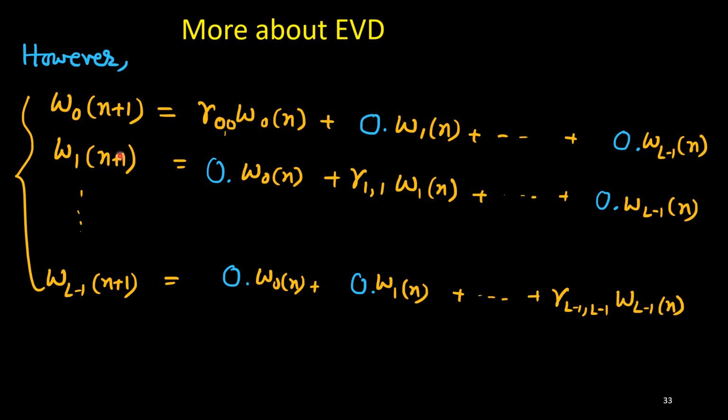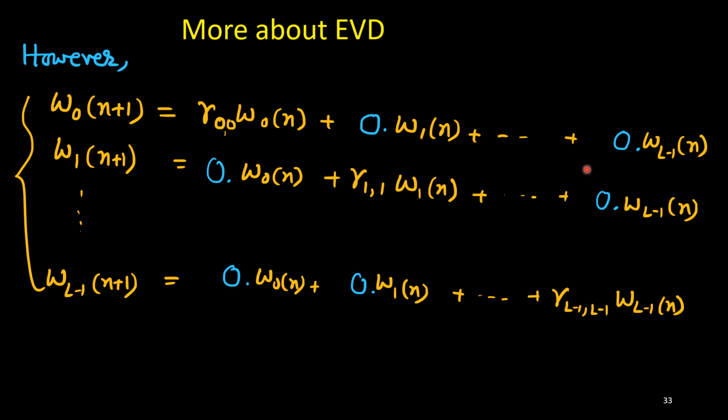Similarly, W1 n plus 1 depends on only W1 n with some coefficient, and all other coefficients are zeros. Similarly, the last term depends on its own term only, and all other coefficients are zeros. Then we can solve all the equations independently. So you see the problem, and this equation we can solve easily.